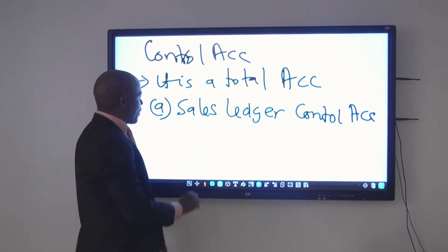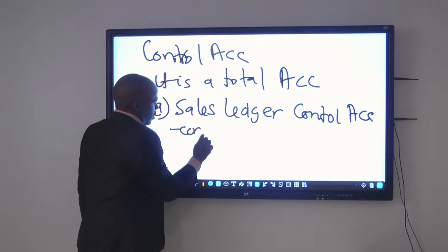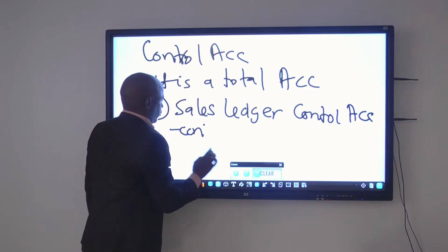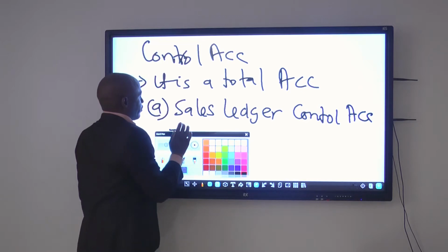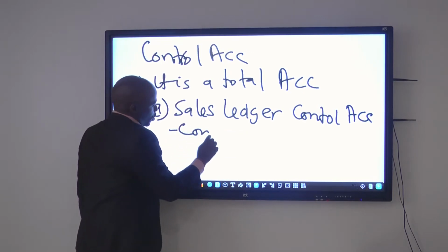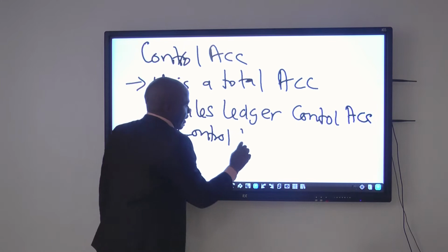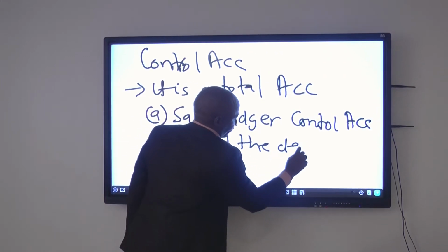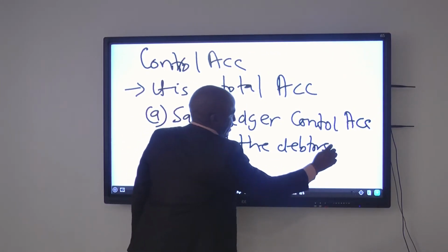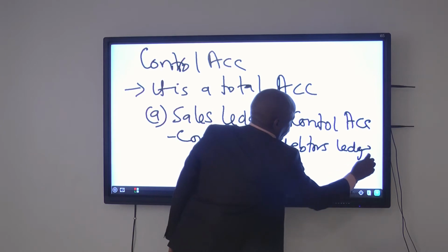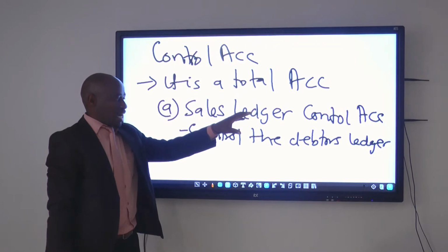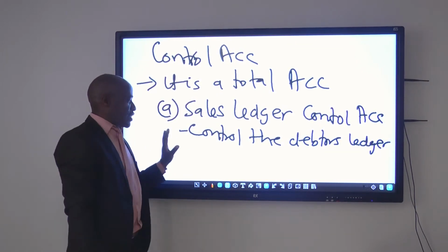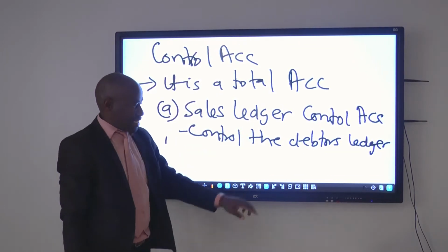The sales ledger control account controls the debtors ledger. So that's basically what you call a sales ledger control account. What does it seek to do? It seeks to control the debtors ledger.